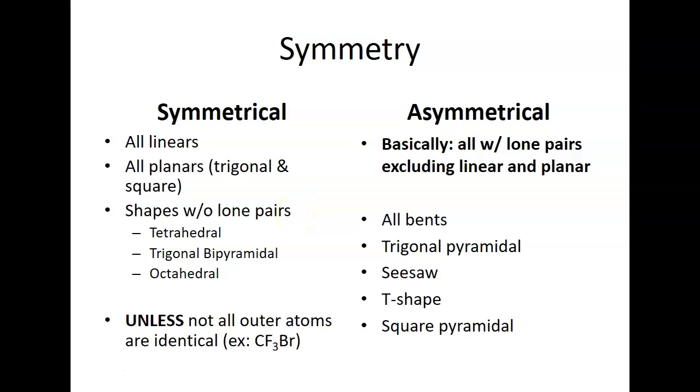And then everything else is not symmetrical. And that's all that it comes down to. So if you can remember these three bullet points, linear, planar, and shapes without lone pairs on the central atom are symmetrical, which means they are nonpolar.